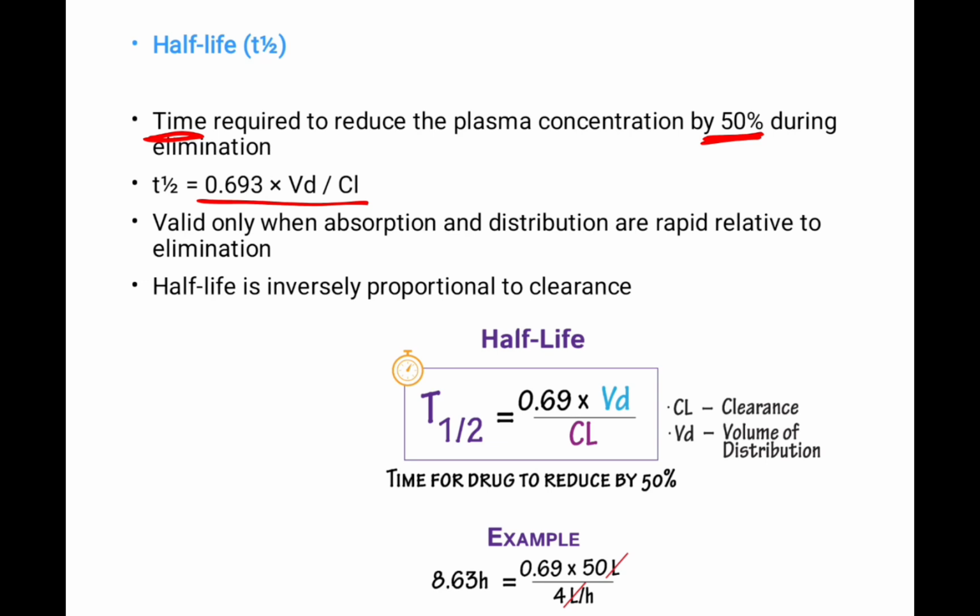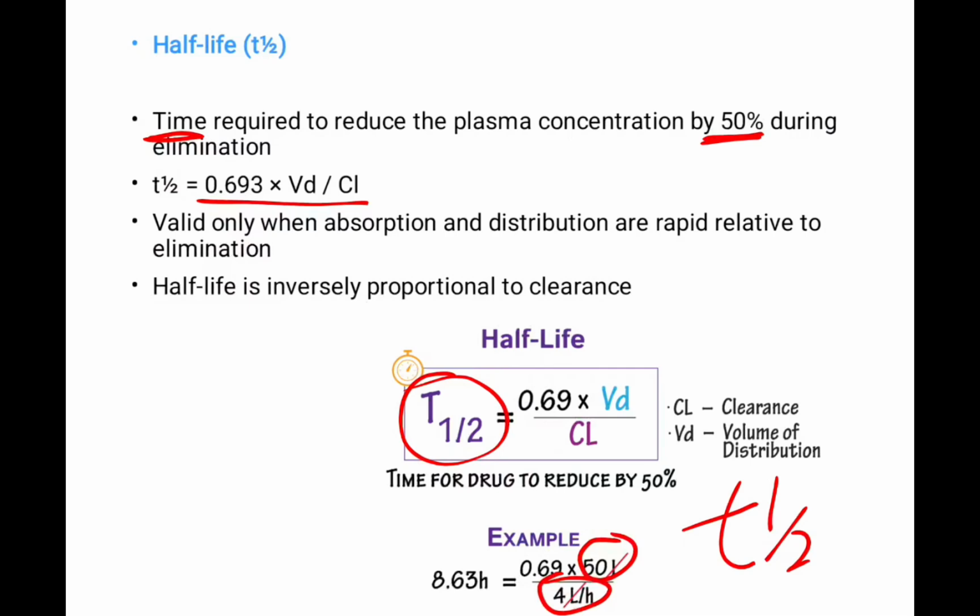So you take 0.693 multiplied by the volume of distribution divided by the clearance, you get your half-life, represented as T half. It is the time for the drug to be reduced by what? 50%. So if you have a drug that has a volume of distribution of 50 liters and the clearance is 40 liters per hour, the half-life is going to be 8.63 hours.